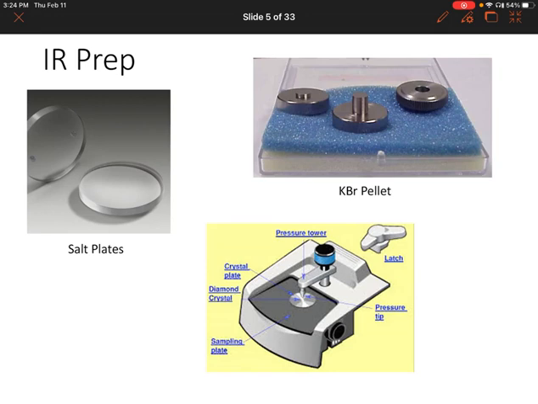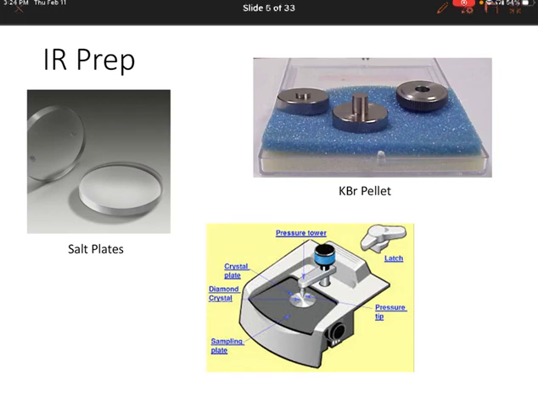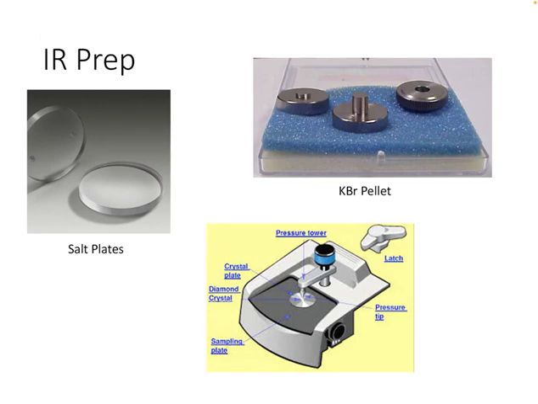So I also wanted to talk about ways that you can prep a sample for infrared spectroscopy. In our lab at TCC, we do have an IR instrument that kind of looks like the diagram shown here. This instrument has a crystal plate, and ours is made of germanium, but there are crystals that are made of diamond or other materials.